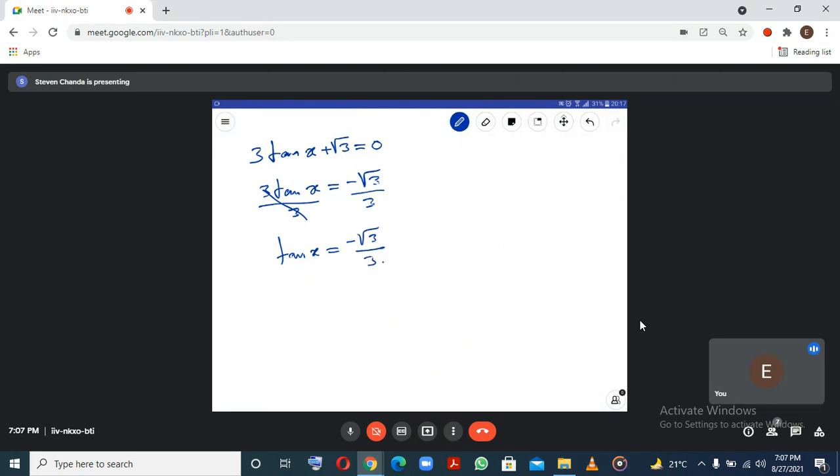So now the question that you have to ask yourself is what angle is this? What angle is going to give us tan being that value? Can someone give us what that angle is going to be?